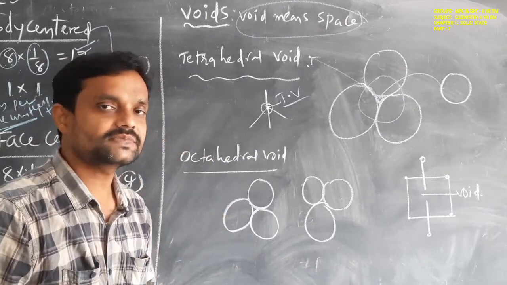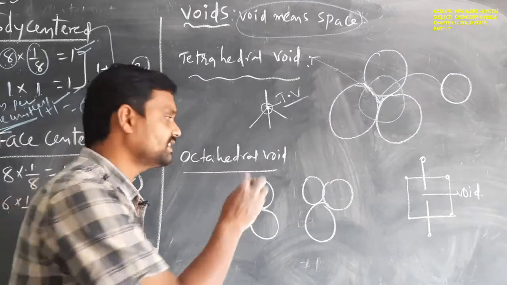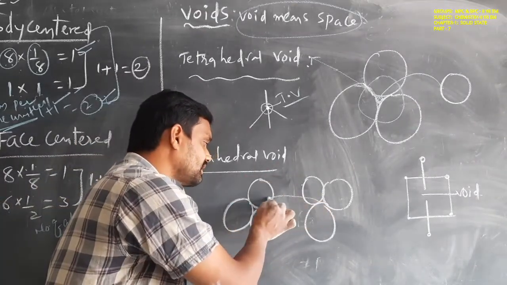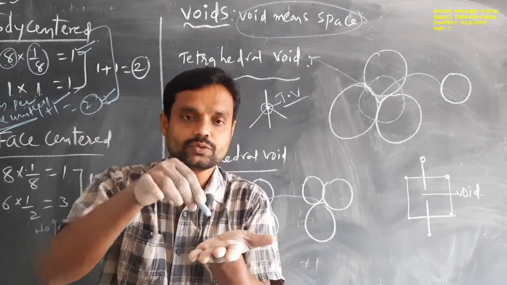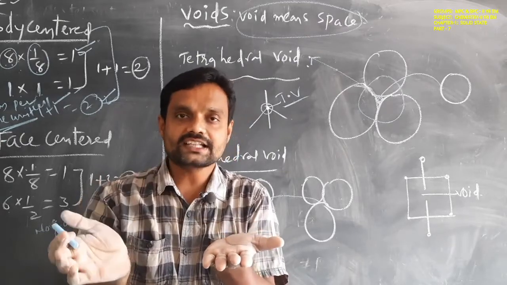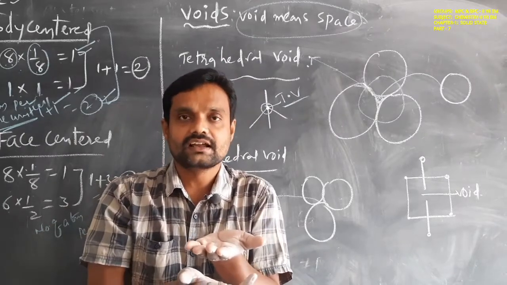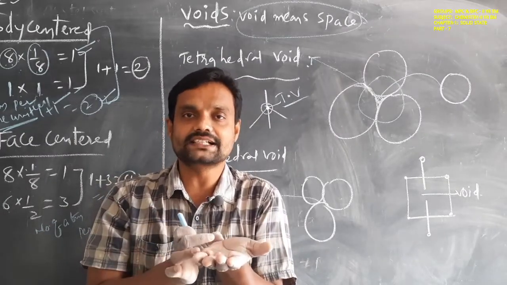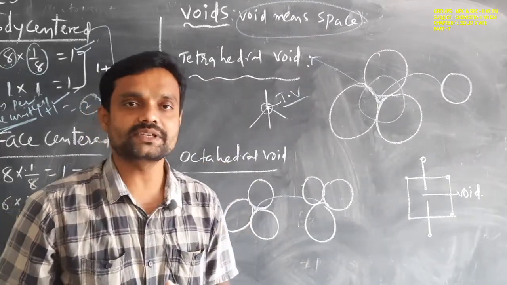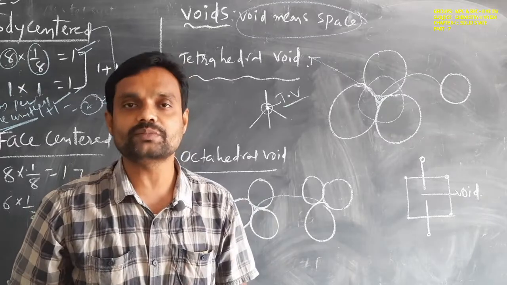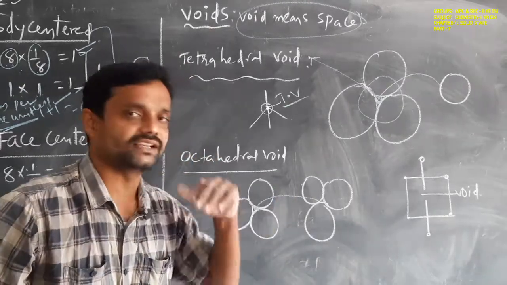Then the octahedral void is simple. In one layer there are 3 atoms, and another 3 atoms are placed above that layer or below that layer. Means 1, 2, 3 and another 3 atoms. The space that arises is called an octahedral void, because this void is formed by 6 atoms, nothing but 6 spheres.